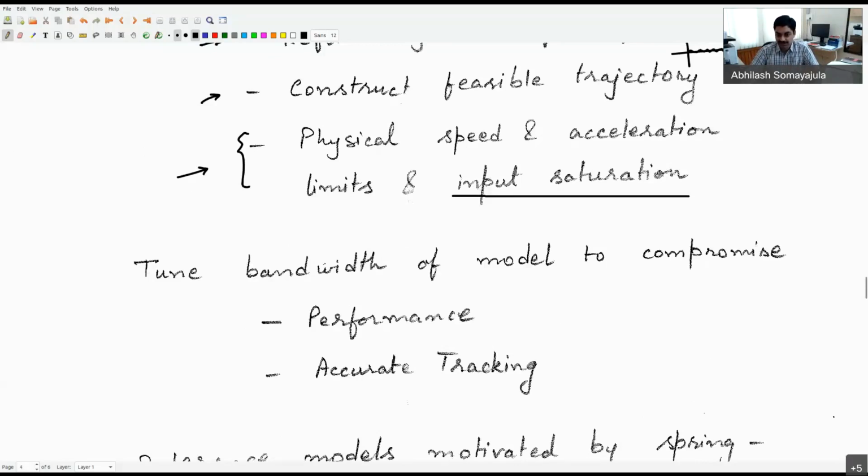Can anybody tell me what is meant by bandwidth? How many of you have heard the term bandwidth? Yes, Vallabh, go ahead. Like a range of frequencies or something. Correct.